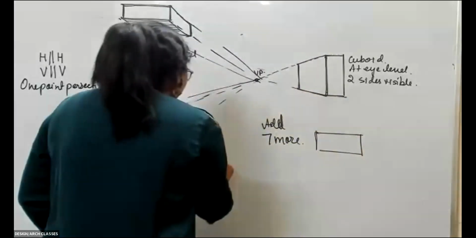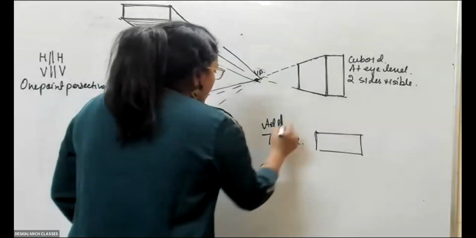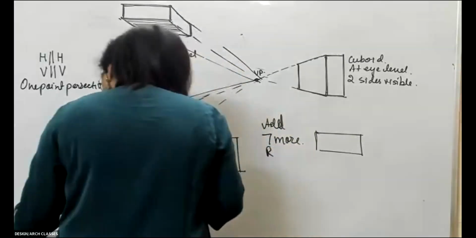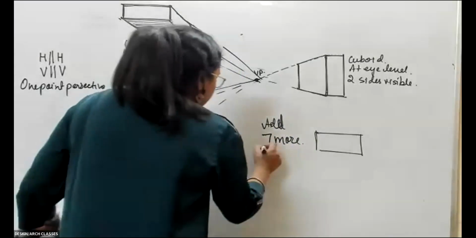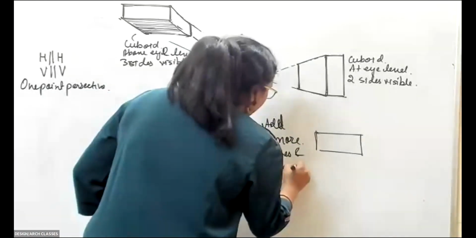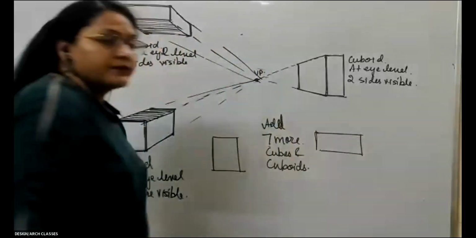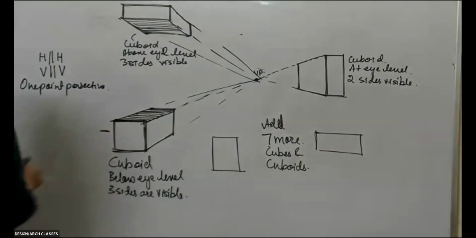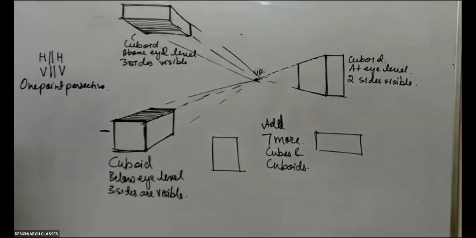Add seven more cubes and cuboids. Do it. And also try to write what this could be in terms of interior.